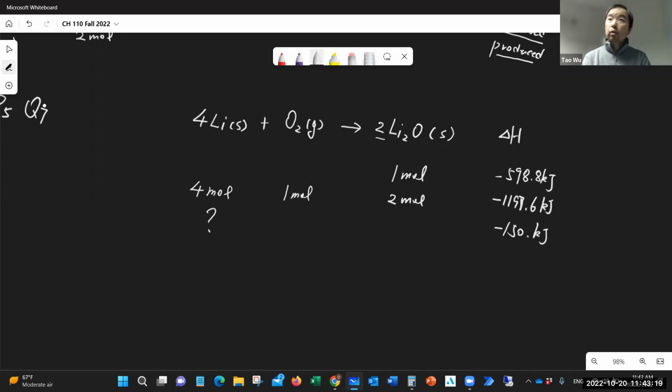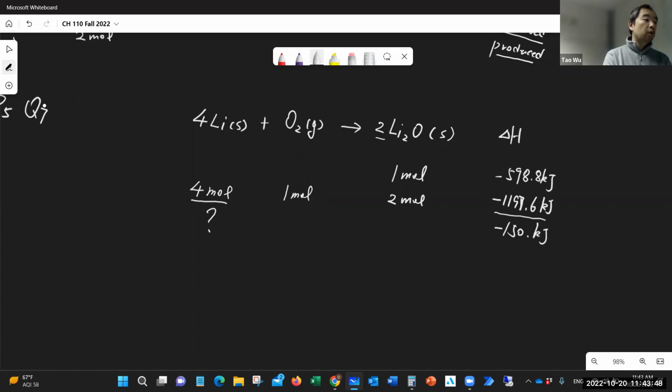So now you make a link between moles of lithium and the heat. Does that make sense? Now 4 moles of lithium will produce that much heat, and meanwhile they form 2 moles of lithium oxide and produce that much heat.